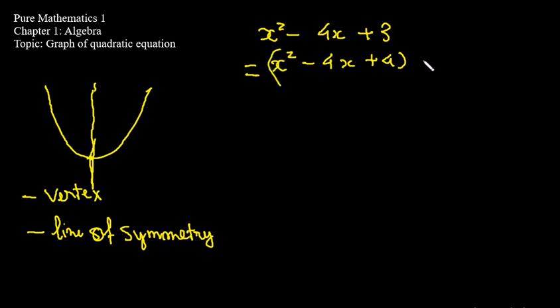Because we put 4 here, we have to minus 1, because here it is plus 3. So we have (x minus 2) squared minus 1. From here, we can work out the graph.